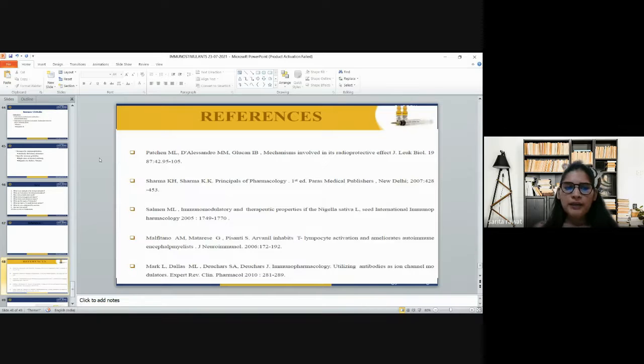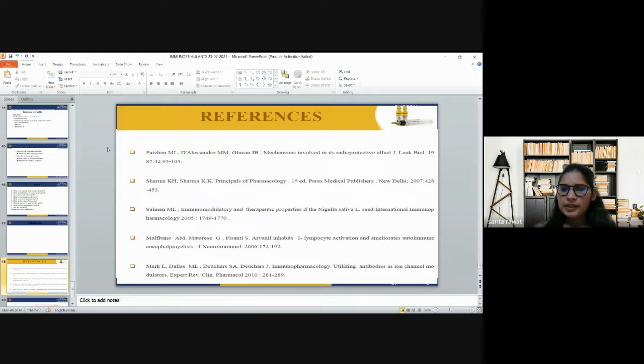Now coming to the reference part. The references we have taken are from Patson ML, D'Alisnardro MM, glucan IB, on the mechanism involved in its radioprotective effect.